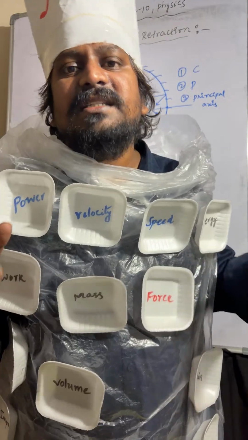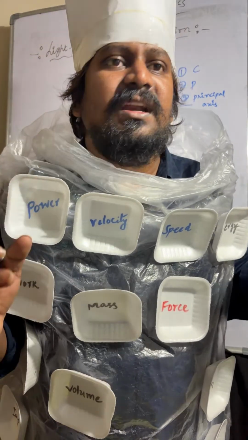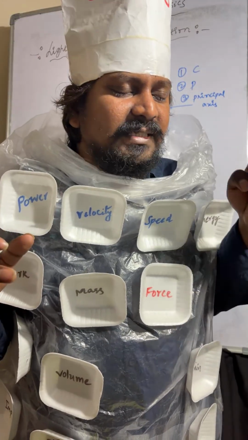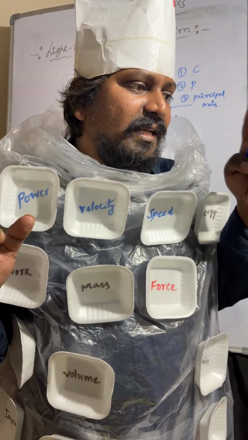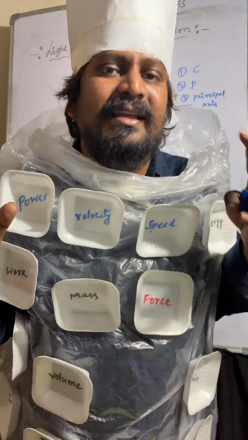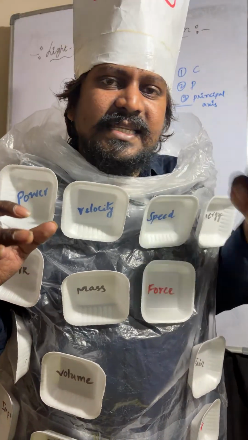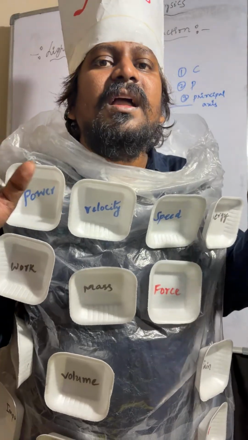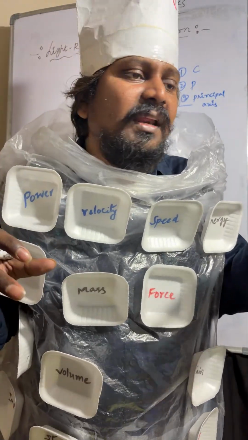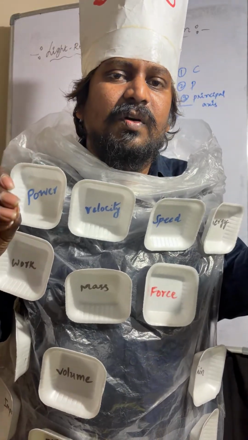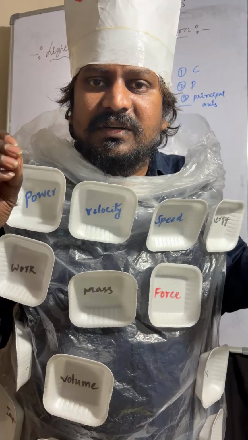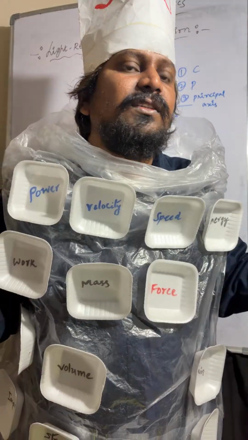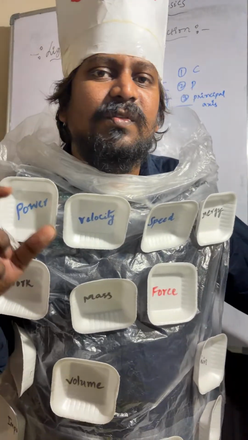The distance between the center of curvature and pole is called the radius of curvature.